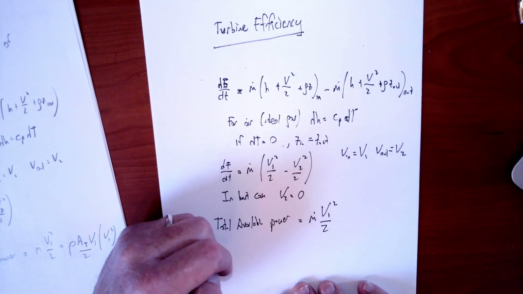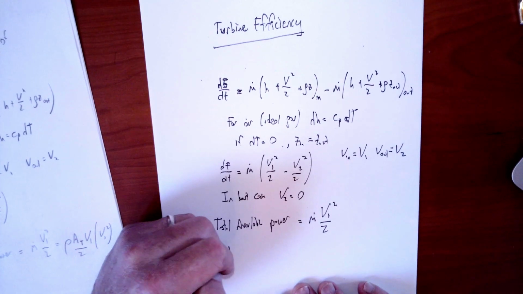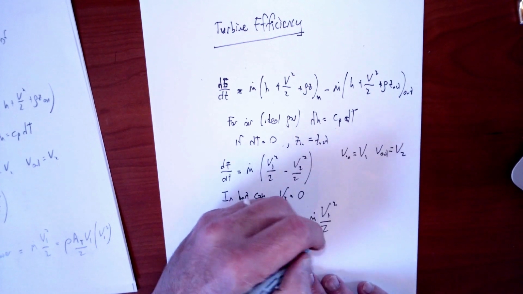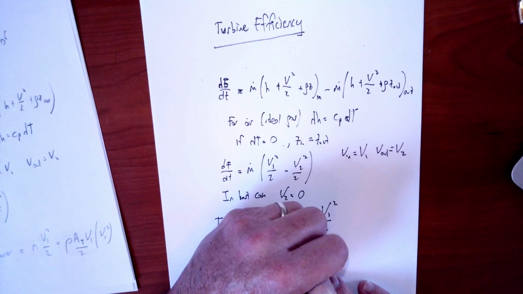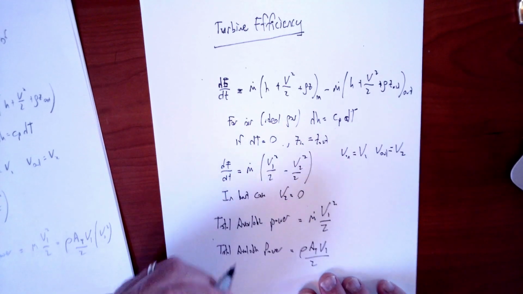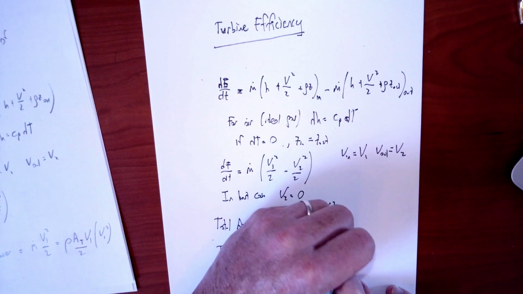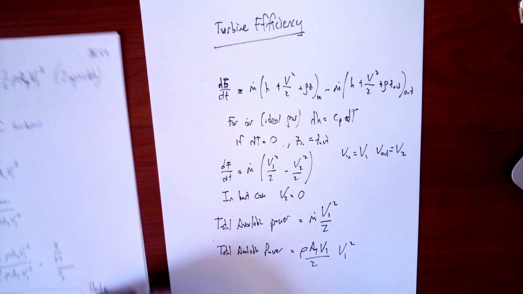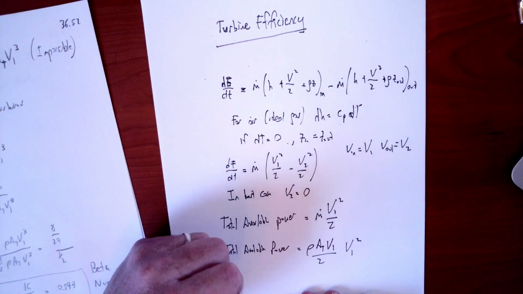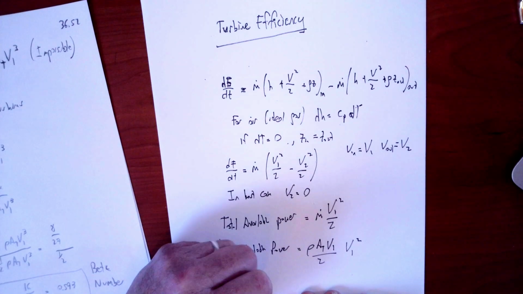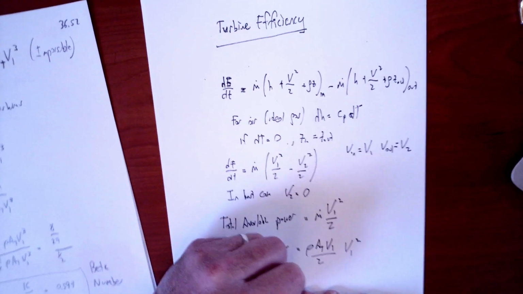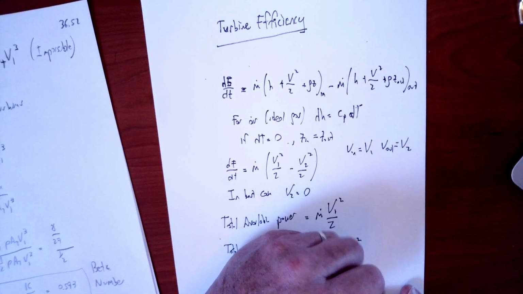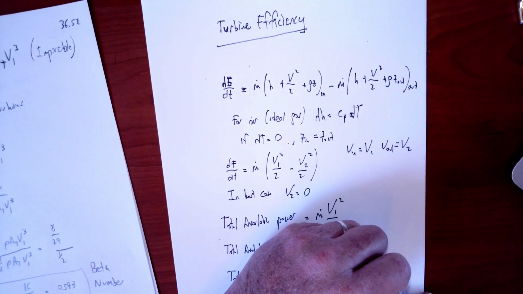So the total available power is equal to rho AT V1 over 2 times V1 squared, that's m dot over 2 times V1 squared. And so that gives us that the total available power is equal to 1/2 rho AT V1 cubed.